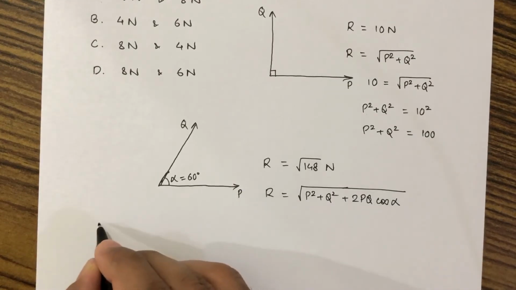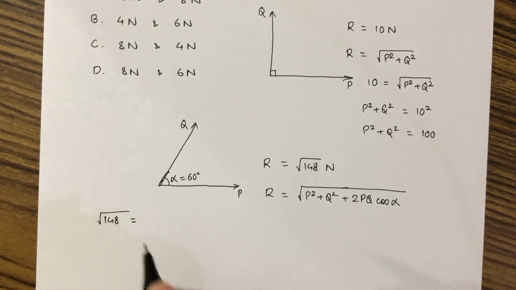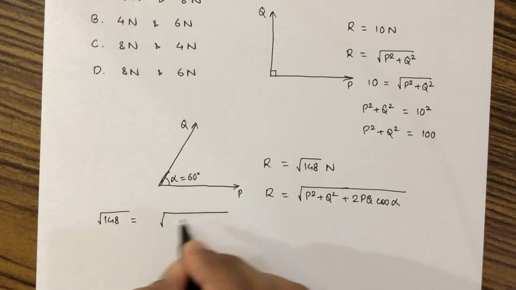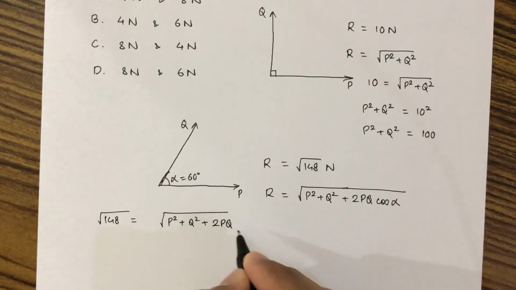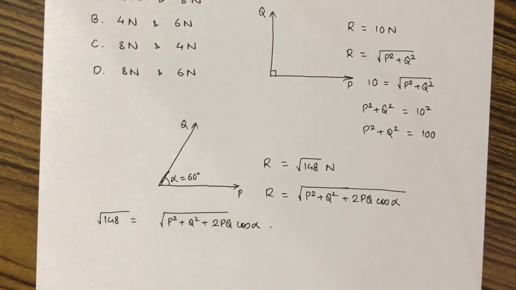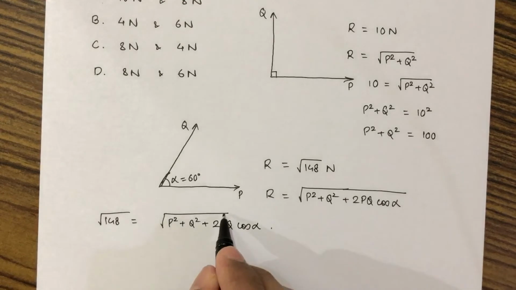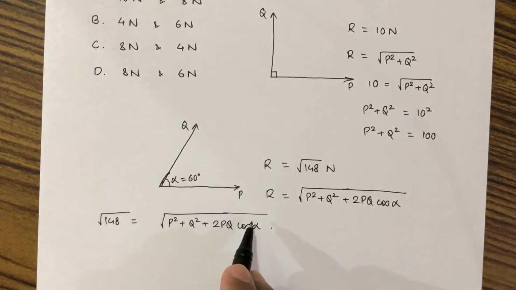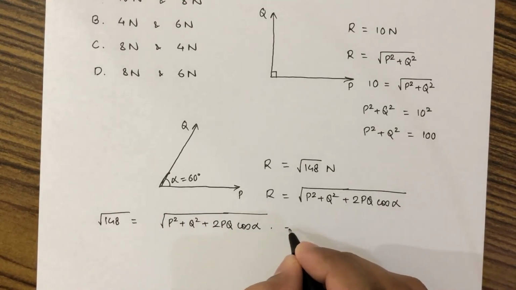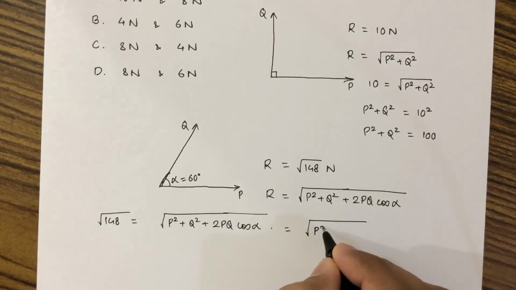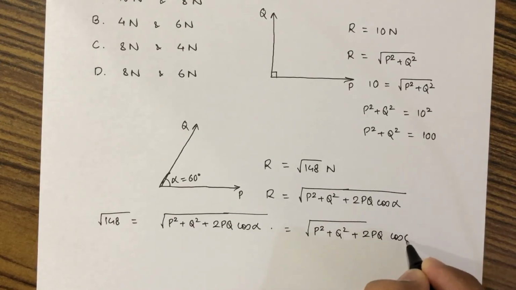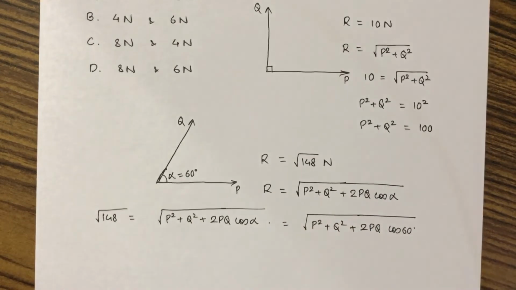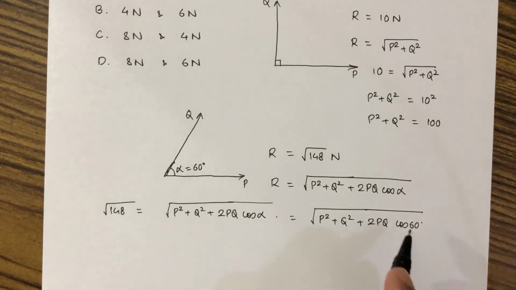So this will become root 148 is equal to square root of P square plus Q square plus 2PQ cos alpha. But here alpha is given as 60 degree, so we can write this as P square plus Q square plus 2PQ cos 60 degree. But we know that cos 60 degree is 1 by 2.